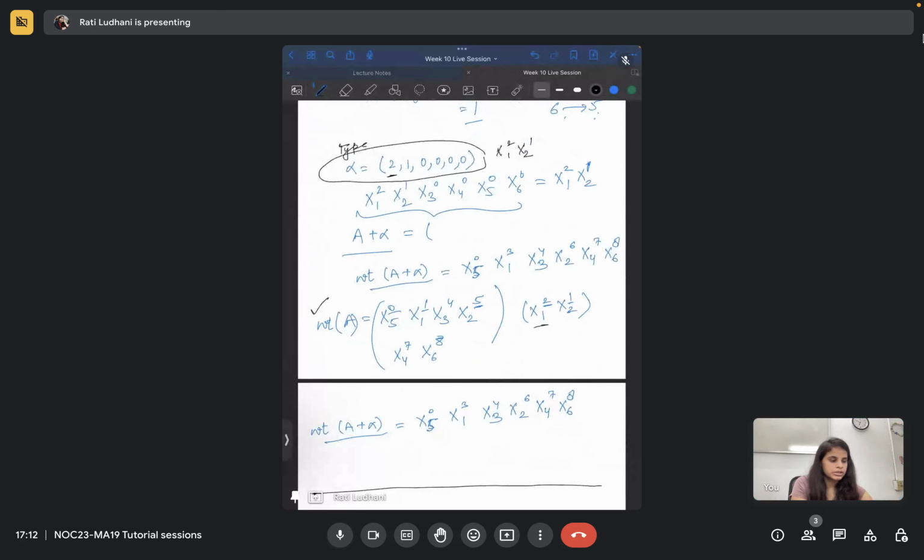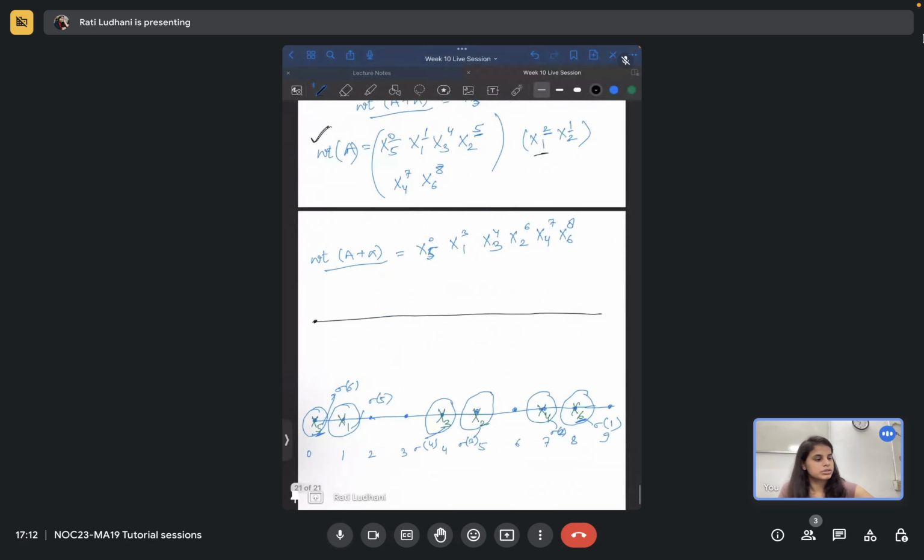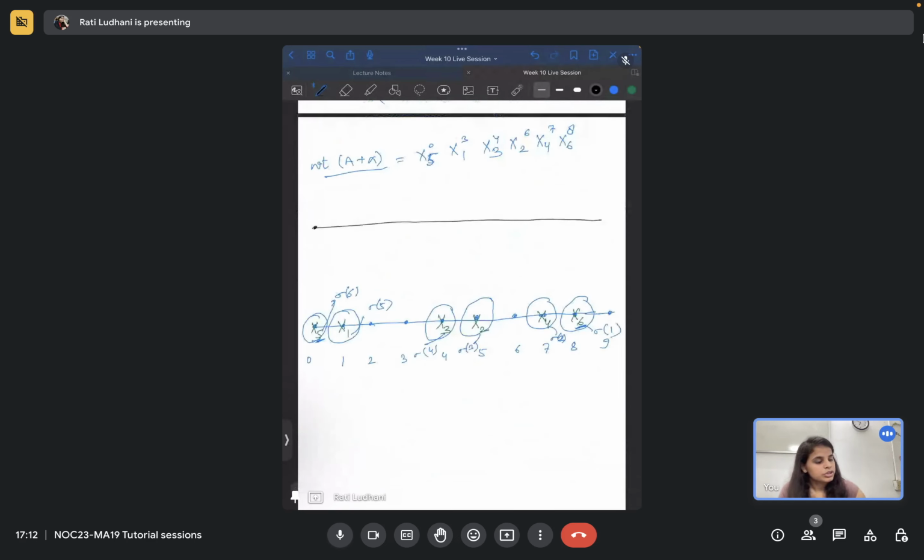Now let's see what this represents in the abacus only. You take x1 two positions forward, so you take it to here. This circle is moved to this. For x2, you forward it to the next step because we are saying just one step ahead, x2 raised to power 1.